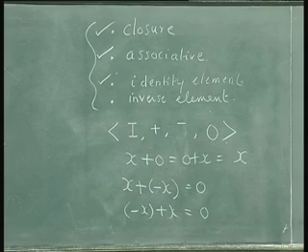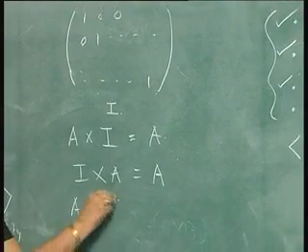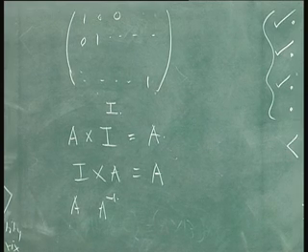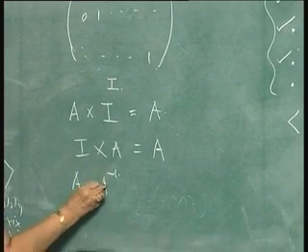Now, for any non-singular matrix A, an inverse matrix exists, and that is denoted by A inverse. There is a procedure to find the inverse matrix.